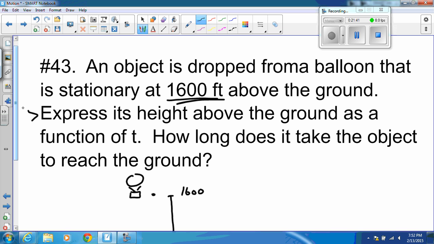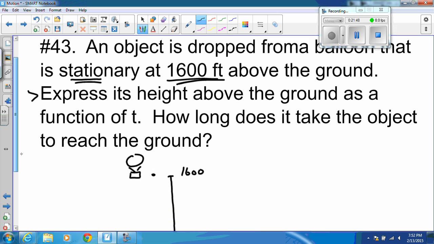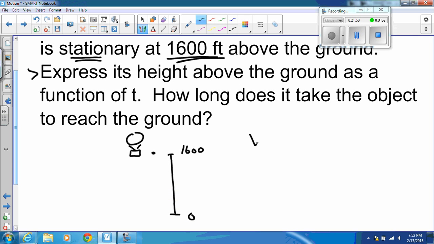The reason I would put the 0 here is that we're told to express its height above the ground as a function of t, and so we want height to be 0 on the ground. But we're told a couple of other things. First of all, we're told that the balloon is stationary and that the object is dropped from it. And what that means is that our object is going to have an initial velocity of 0. When the problem starts, the object is not moving.